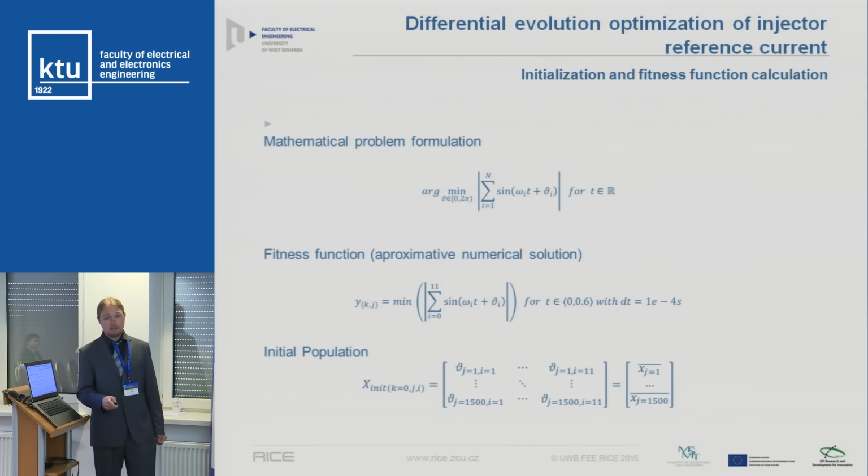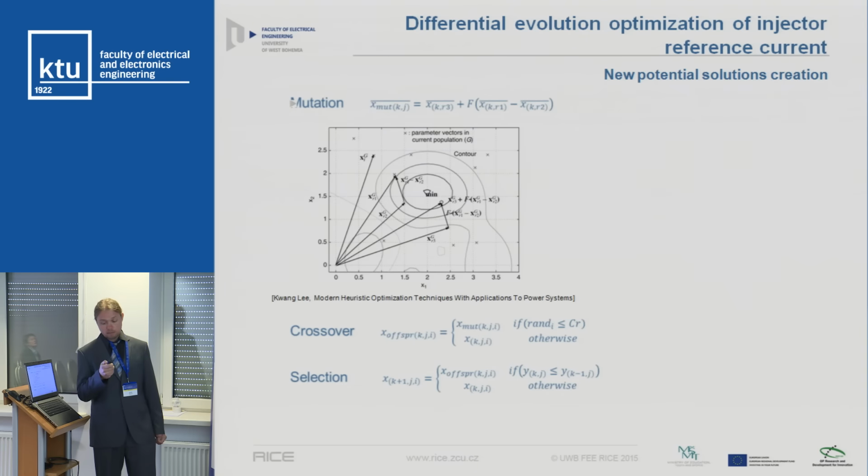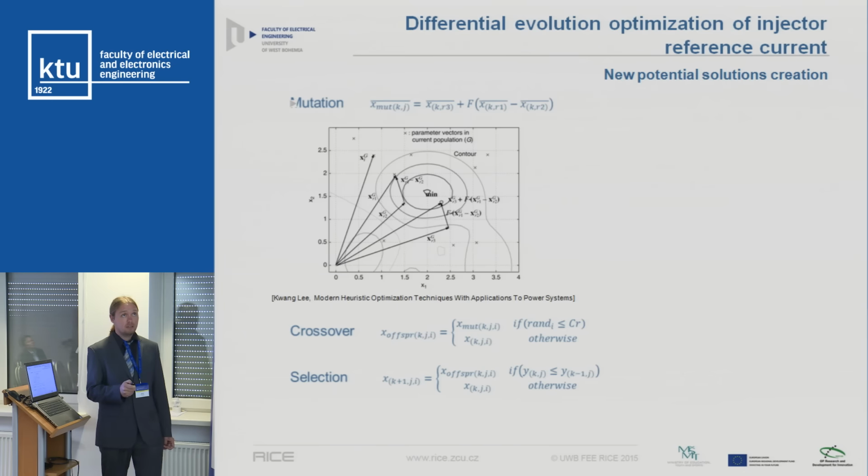This is how the initial population looks like. We have some randomly generated thetas, and we calculate the fitness function for them. That was the first step. Then, how the evolution looks like: we take two random vectors of our solutions, subtract them from each other, multiply by some mutation constant, and add to another randomly selected candidate, and this is our new candidate.